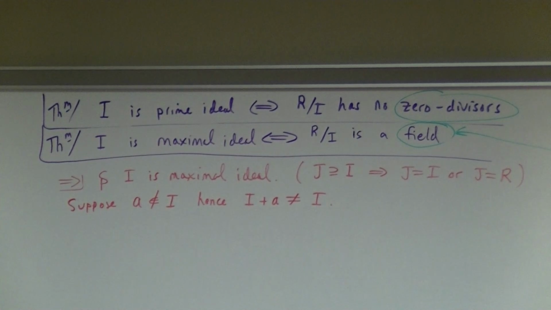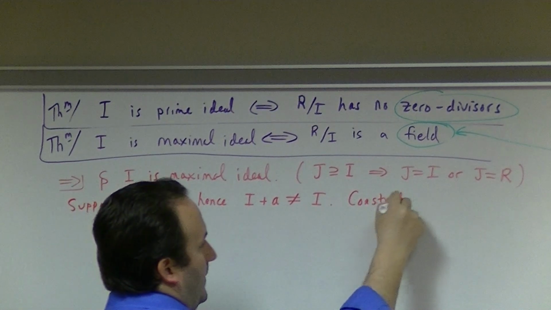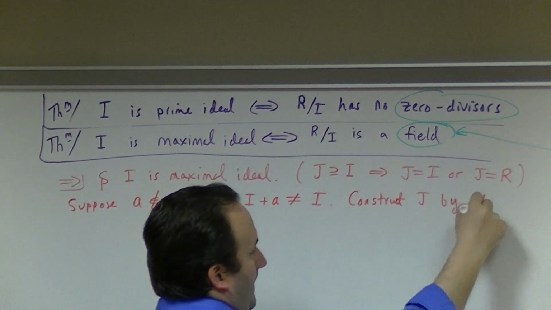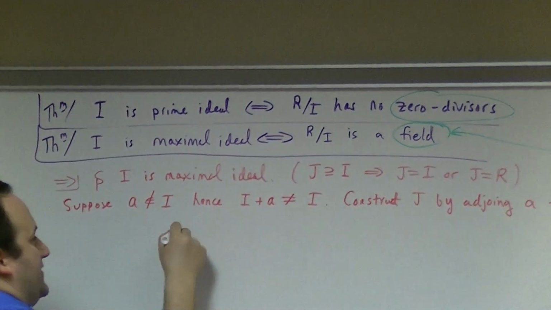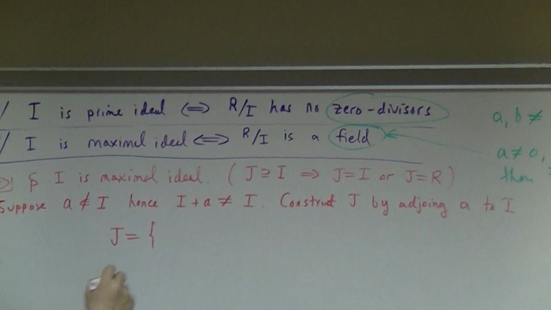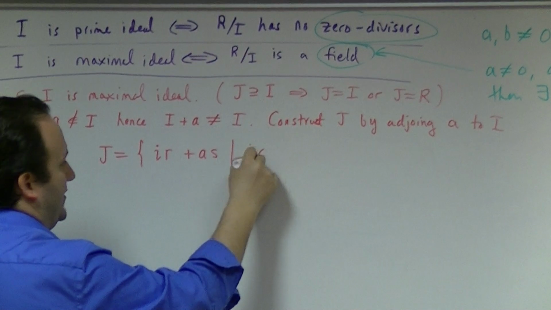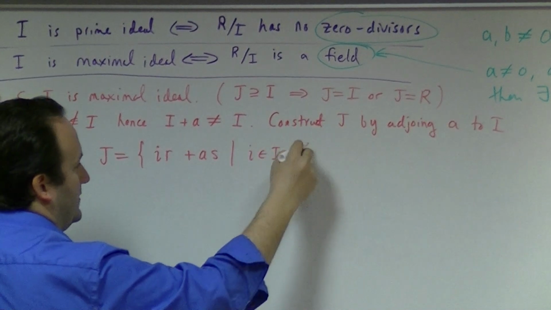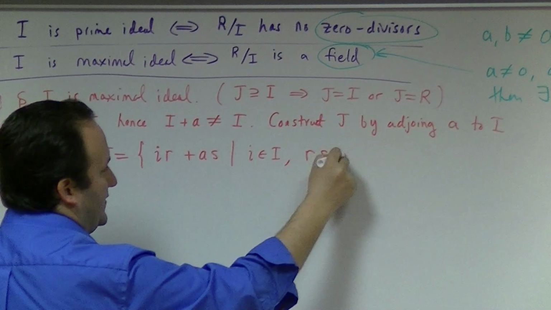Now, the simple way to do that is essentially the trick we went over last time. We're going to construct an ideal J by adjoining A to I. J is equal to the set of IR plus AS, such that I is an element of I, and R and S are elements of the ring.